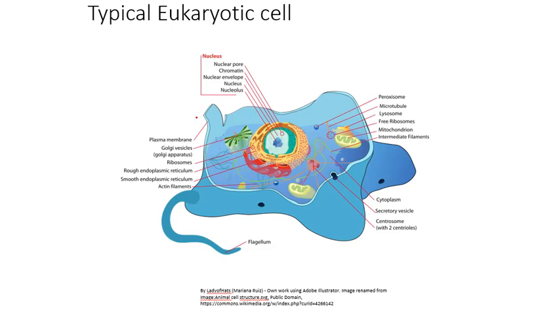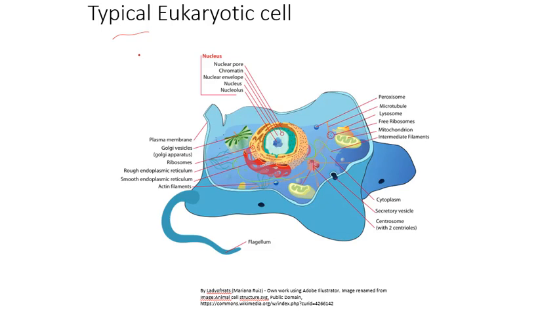So this picture here shows a typical eukaryotic cell, and I just want to make sure that we understand what I mean by typical eukaryotic cell. What it means here is that not all eukaryotic cells look the same. Some of them have different features than others.